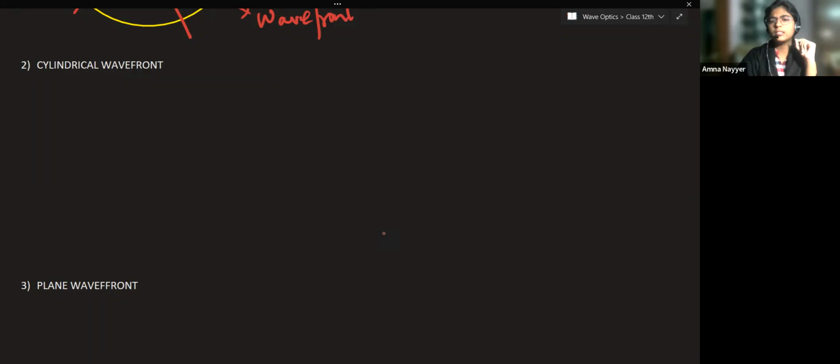One more point source you take, that will also have its own circle. Then another point source, that will also have its own circle. So many point sources will be present, each having its own spherical wavefront, correct? Every particle that is present will have its own specific wavefront.